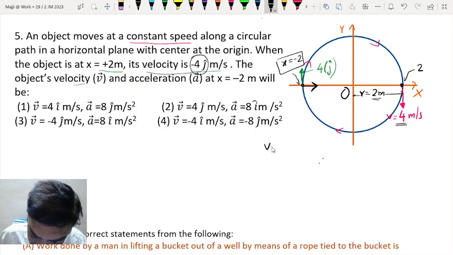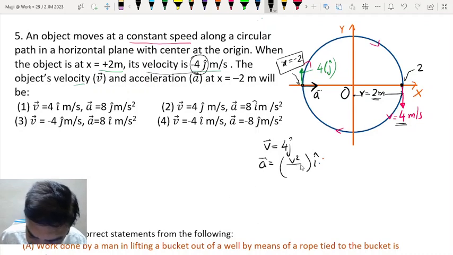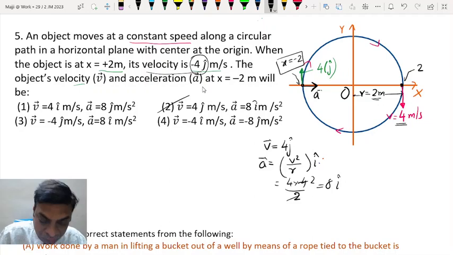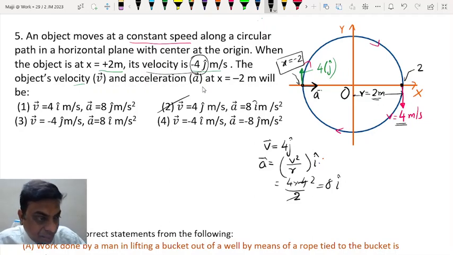So the velocity is 4 j cap and the acceleration, as you know, is along the positive x axis. The unit vector along positive x axis is i cap and its value is v square by r. So v is 4, r is 2, so 4 squared by 2 is 8. So the second option is the correct option.